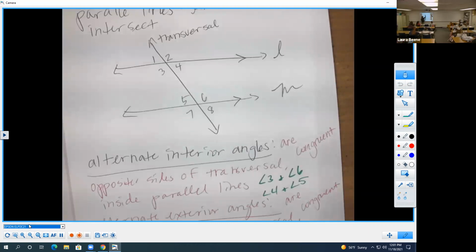What angle is in the same position as 2? 6. And the angle in the same position as 4 would be 8. Does that make sense? I'll write those down in just a minute down by corresponding angles. But they're in the same position, so it should make sense. 1 looks just like 5. 3 looks just like 7. Okay.